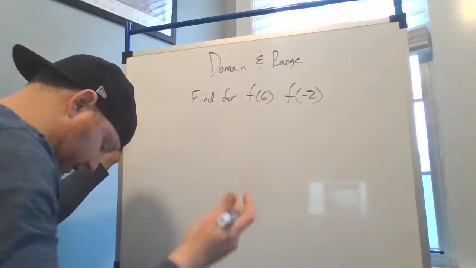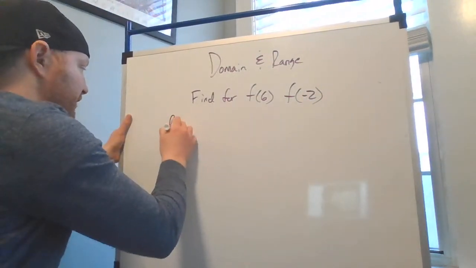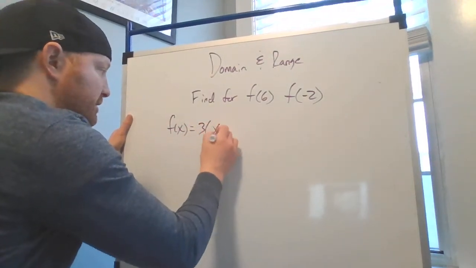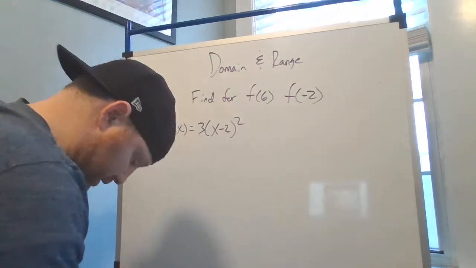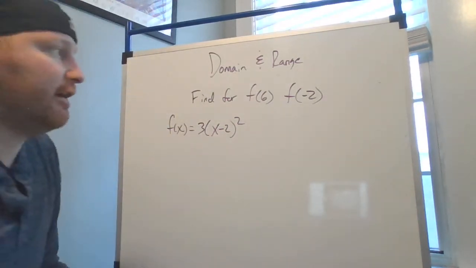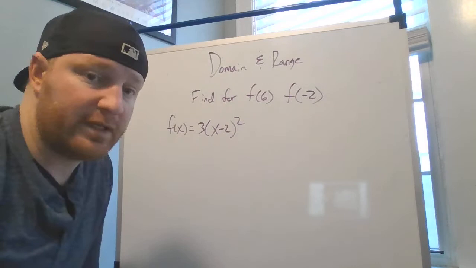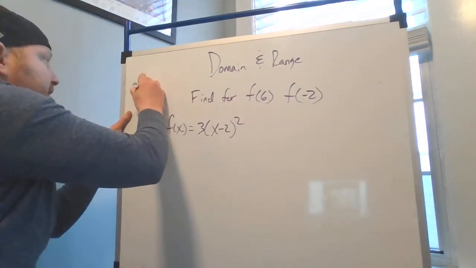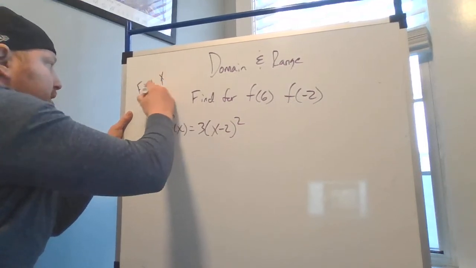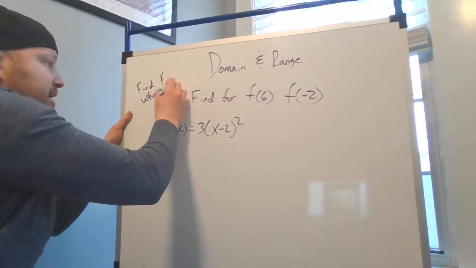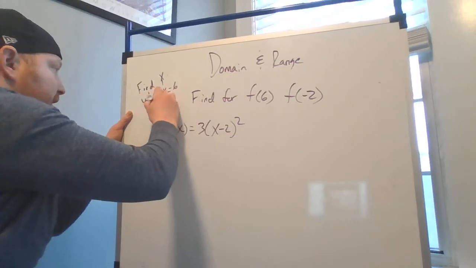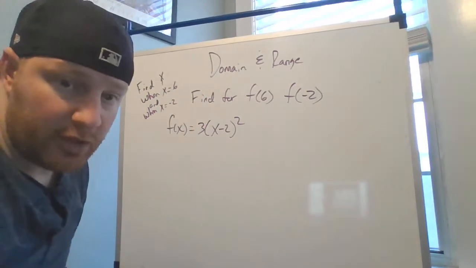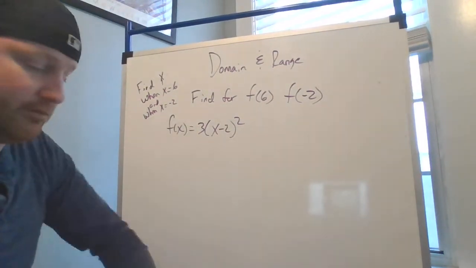And they give you a function such as f of x equals 3 times x minus 2 squared. So find f of 6 and f of -2. What this essentially is saying, just so you know for the notation, is find y when x equals 6 and when x equals -2. So you're answering two different questions in one, but separately.